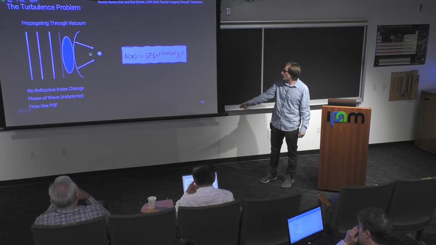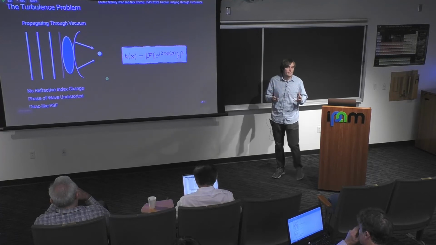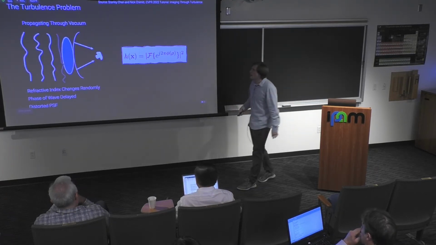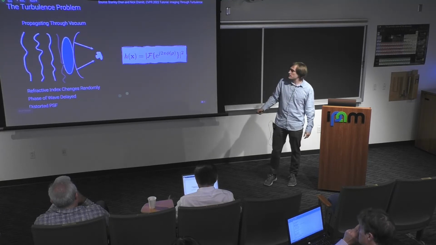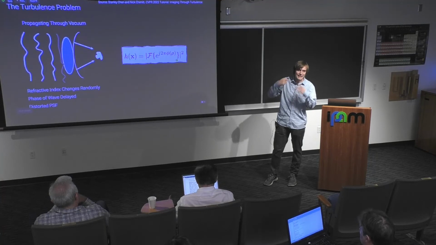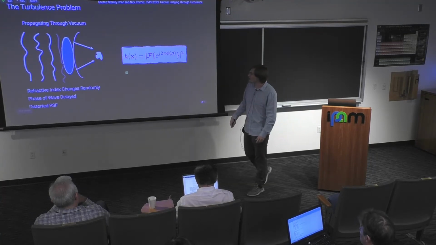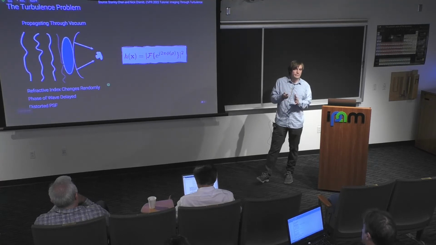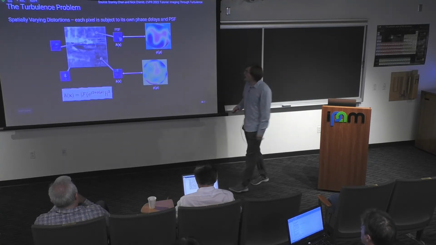We get a Fourier transform of this aperture, and we get a nice, Dirac-like point spread function. Very little blur. If we introduce atmospheric turbulence, now we have a phase error, and we're going to get a distorted PSF. This is just the model that describes each of the point spread functions.